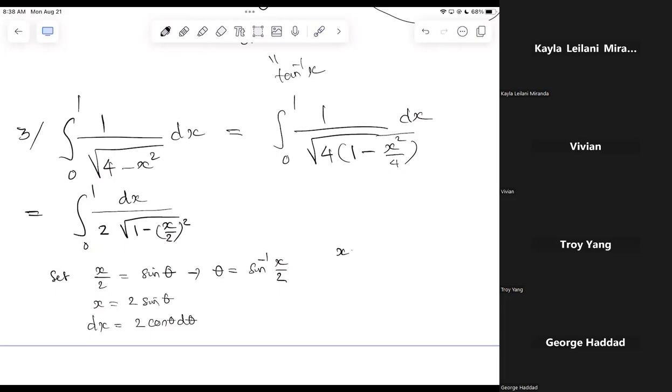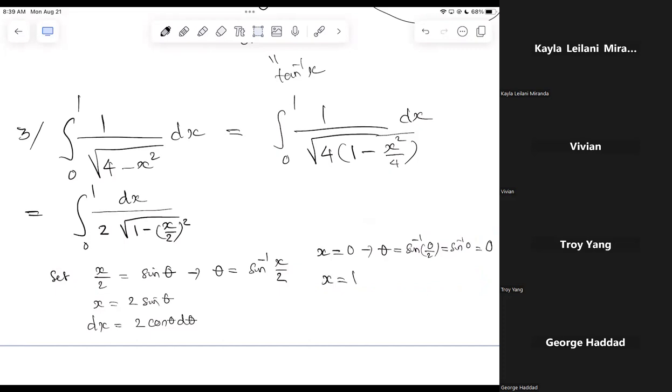If x equals 0, theta equals sine inverse of 0 over 2, which is just 0. So what is the sine inverse of 0? It's just 0.